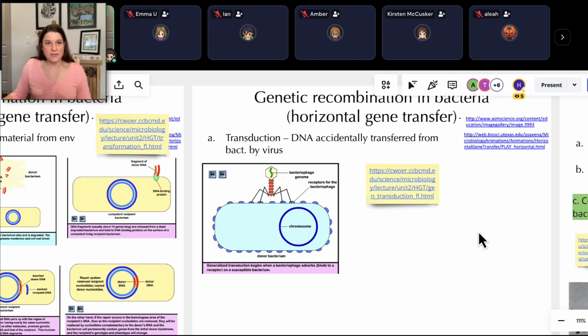So some of that DNA gets picked up by accident when the virus is being made and then gets transferred. And when it infects the other bacterium, it puts that DNA inside that bacterial cell. If that bacterial cell can recombine it into its genome, then it'll have potentially new combinations of genes in its genome now. So transduction is with the viruses.